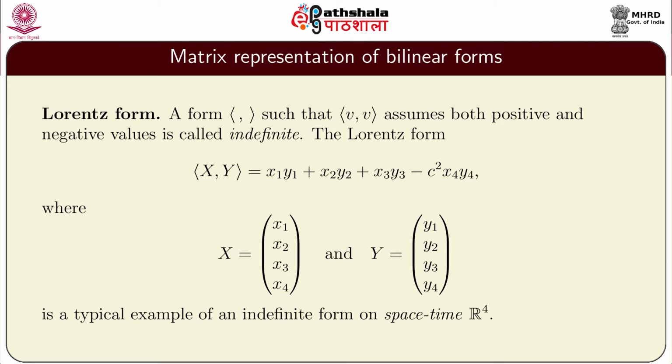The Lorentz form is given by the inner product <x,y> equal to x1 y1 plus x2 y2 plus x3 y3 minus c square x4 y4, where capital X is given by the tuple (x1, x2, x3, x4), and capital Y is given by the tuple (y1, y2, y3, y4). And this is a typical example of an indefinite form on space time R^4.